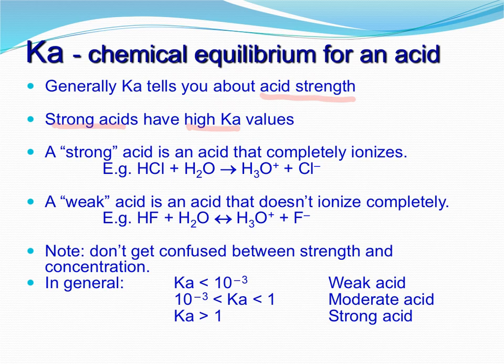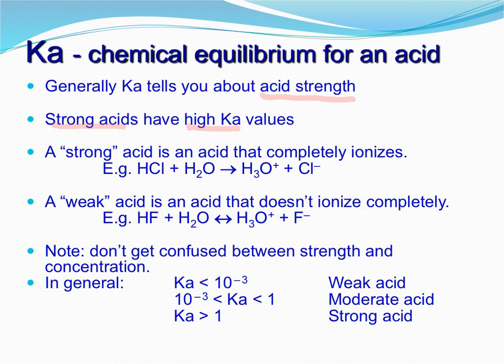So if we take a look at what the reaction might look like, we get hydrofluoric acid plus water. We get a hydronium ion and a fluoride ion, but it's not a full ionization. So that's why the arrow in the middle is not just one that goes from reactants to products. It's reactants to products and products to reactants. It's not a complete ionization.